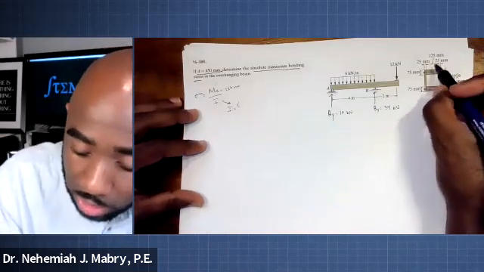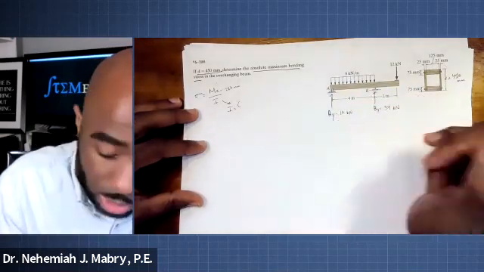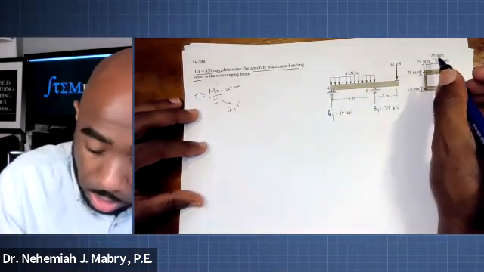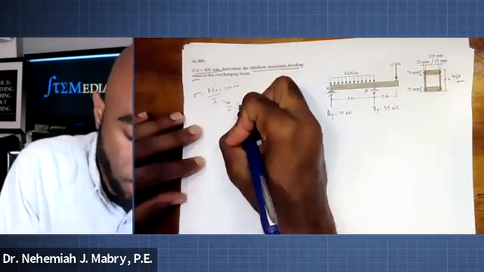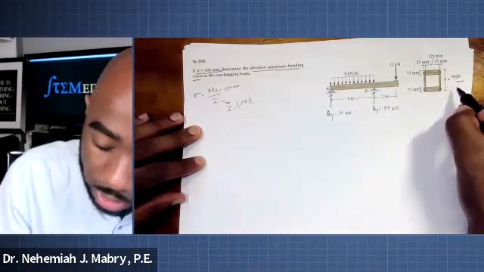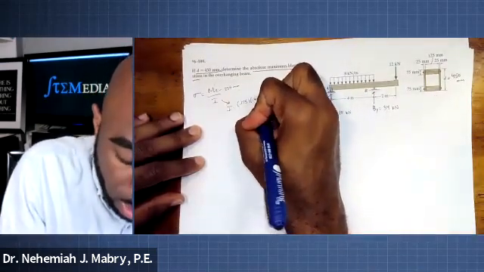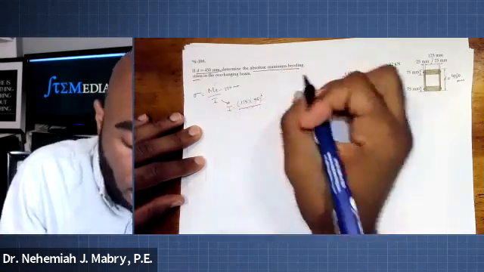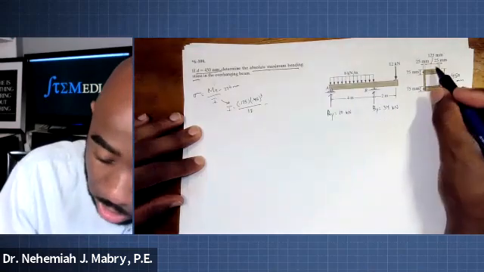So the base, 25, 125, 25, that's 150, 175. All right, so 0.175 times height. Height of it is 450, so we'll say 0.45 cubed over 12 minus, what will the inner part be?